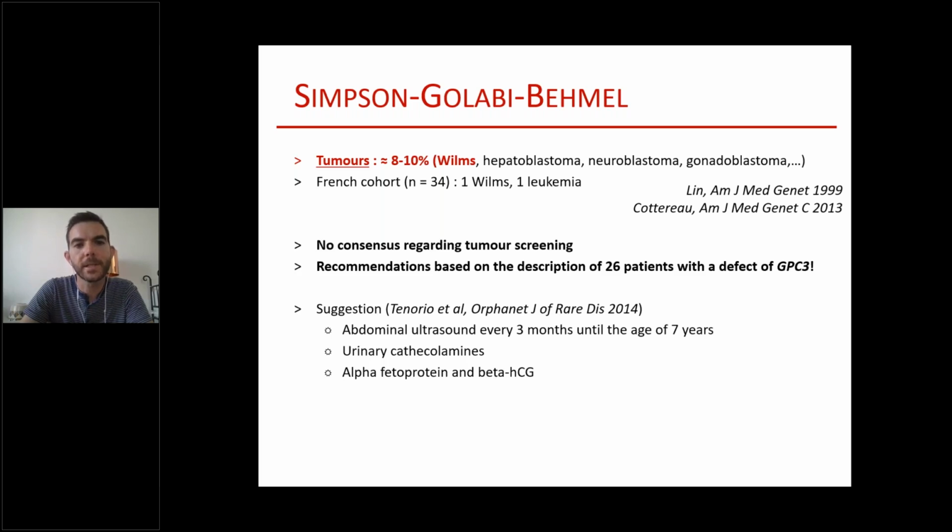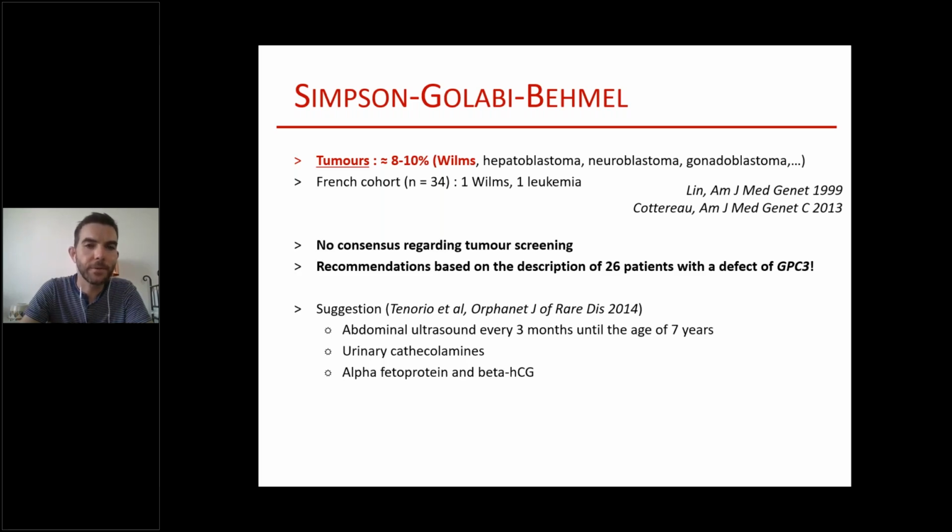So the tumor risk is probably lower than the tumor risk that has been described in BWS. Nowadays, there is no consensus regarding tumor screening in Simpson-Golabi-Behmel syndrome, and the recommendations that have been established are based only on the description of 26 patients.